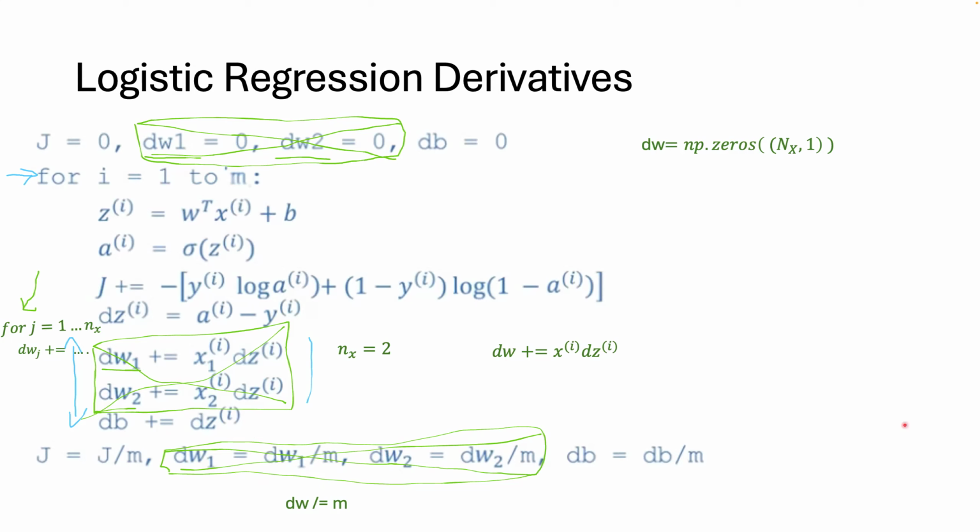So we still have one for loop that we have not removed yet, which is this one. That loop iterates over all of the training examples. This was only for one example, but this for loop goes over all of the training examples.